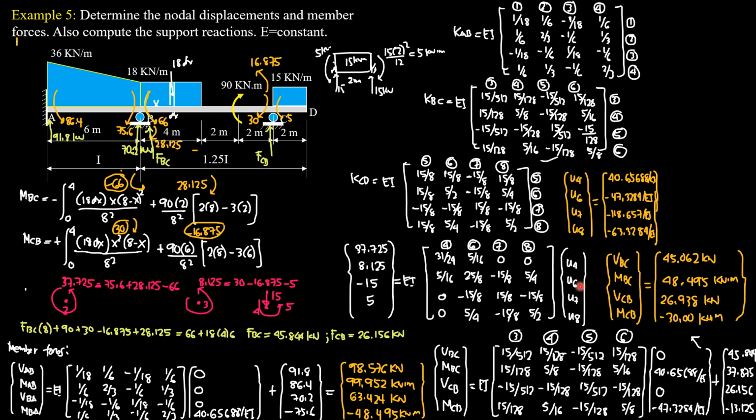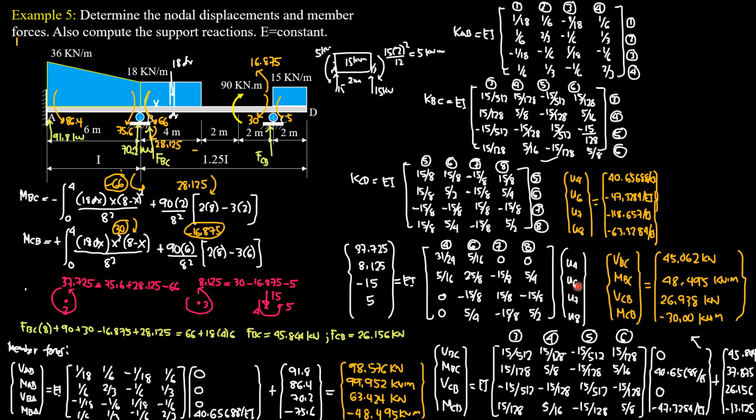So U4, U6, U7, U8 can now be computed as the product of the inverse of this matrix and this force matrix here. Your calculator is capable of doing that because there are 4 unknowns only, U4, U6, U7, U8.